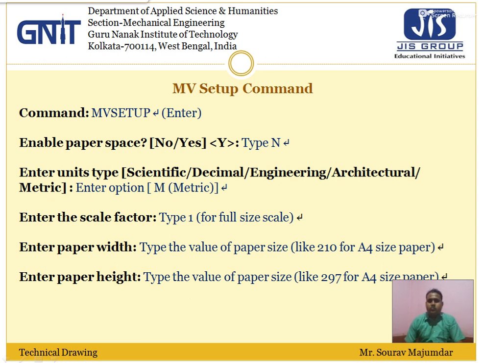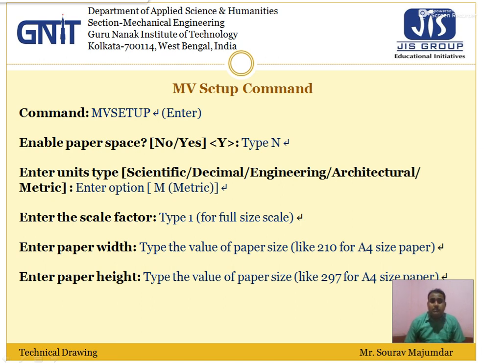After opening the AutoCAD screen, the first thing you have to do is go for page setup. Why do we go for page setup? Because in the last class we discussed that the large black screen in front of you is known as the drawing space.